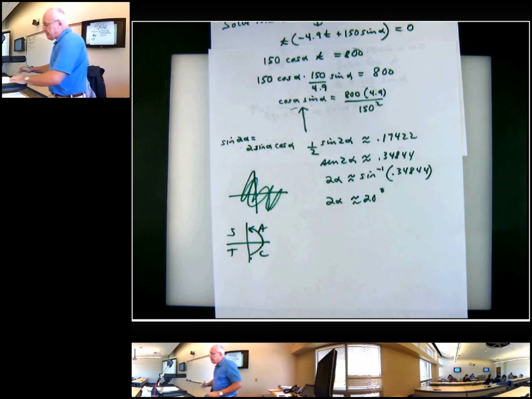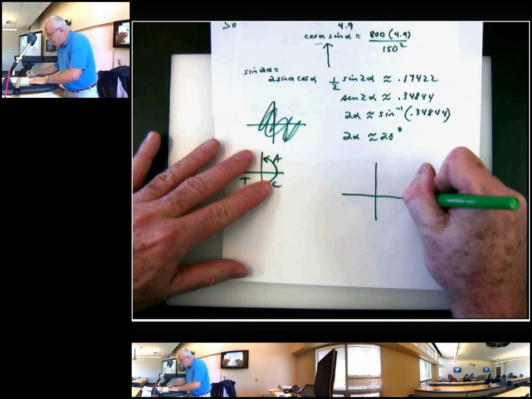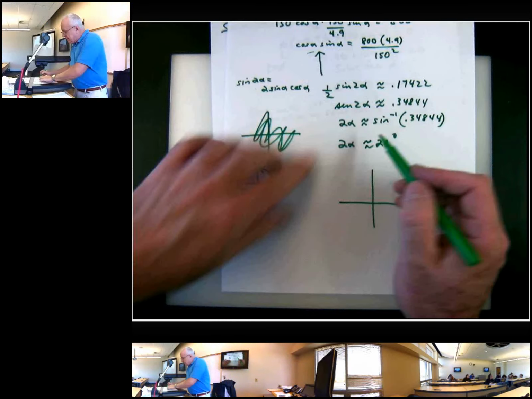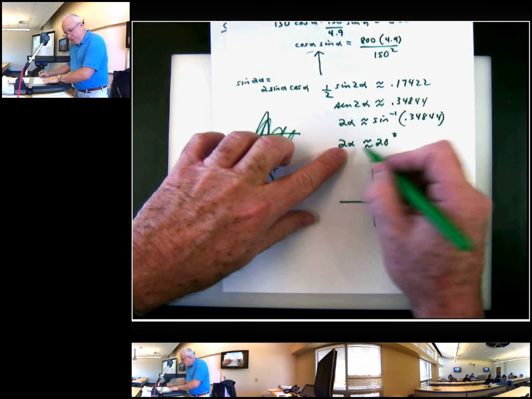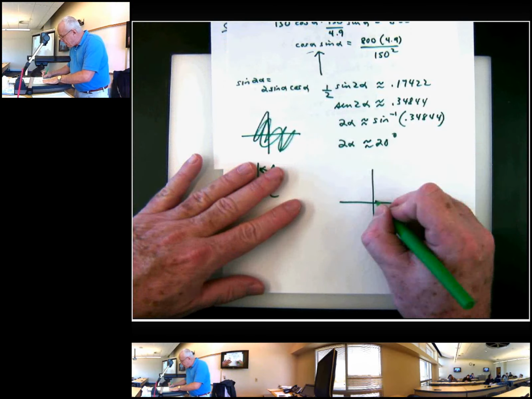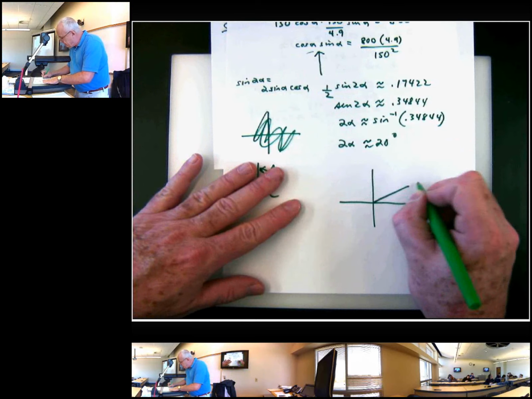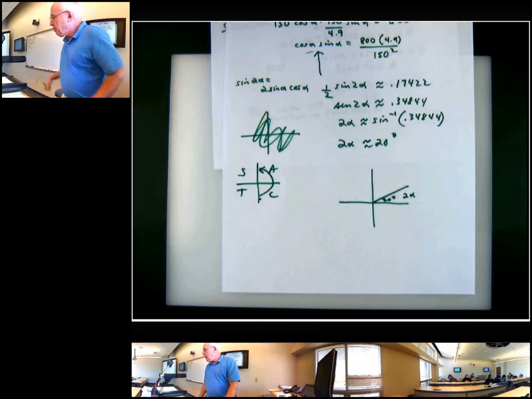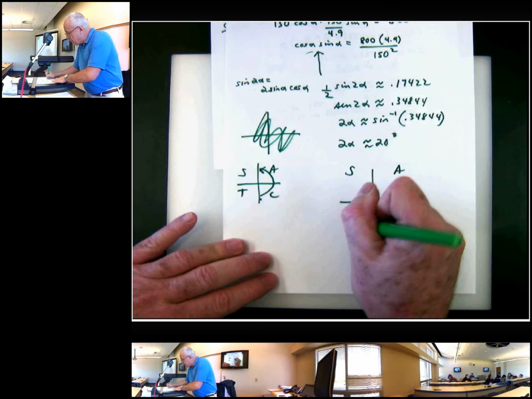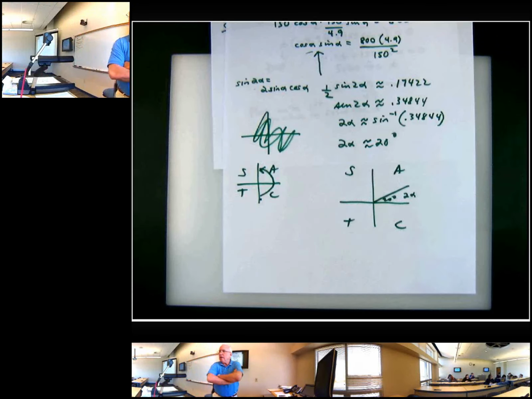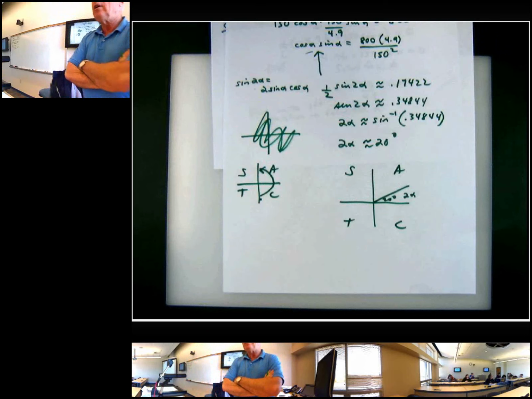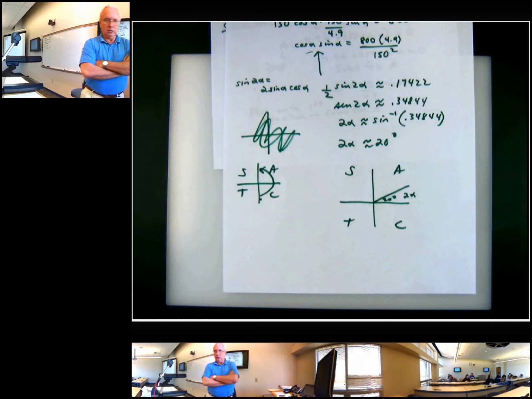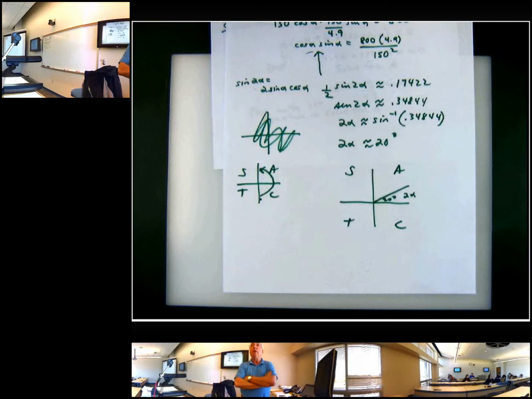Now let me go back to my other drawing. So 2 times alpha could equal 20 degrees. All right, but a smart trig class, what other angle could 2 alpha equal in the second quadrant? 160, right.